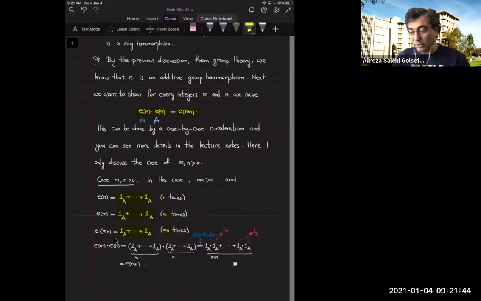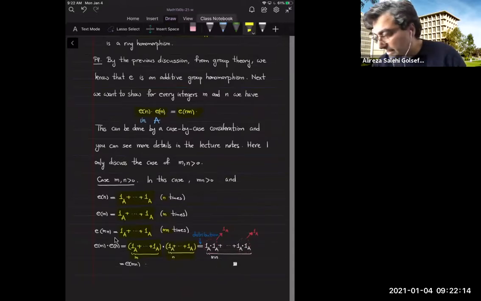Let's look at the equation that we are looking for: what is E(m) times E(n), or E(n) times E(m), it doesn't matter. It is the element 1_A added m times, multiplied by 1_A added n times.